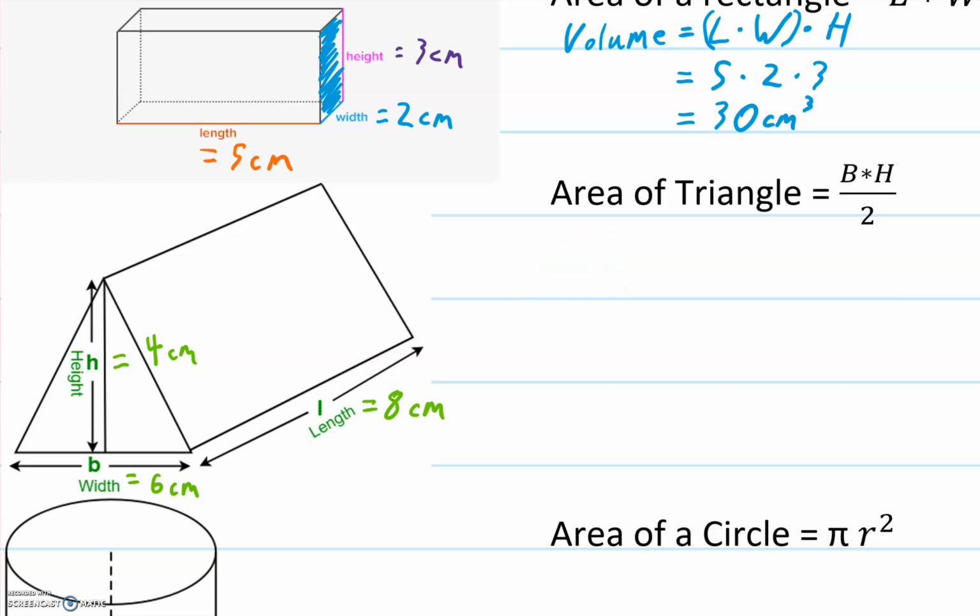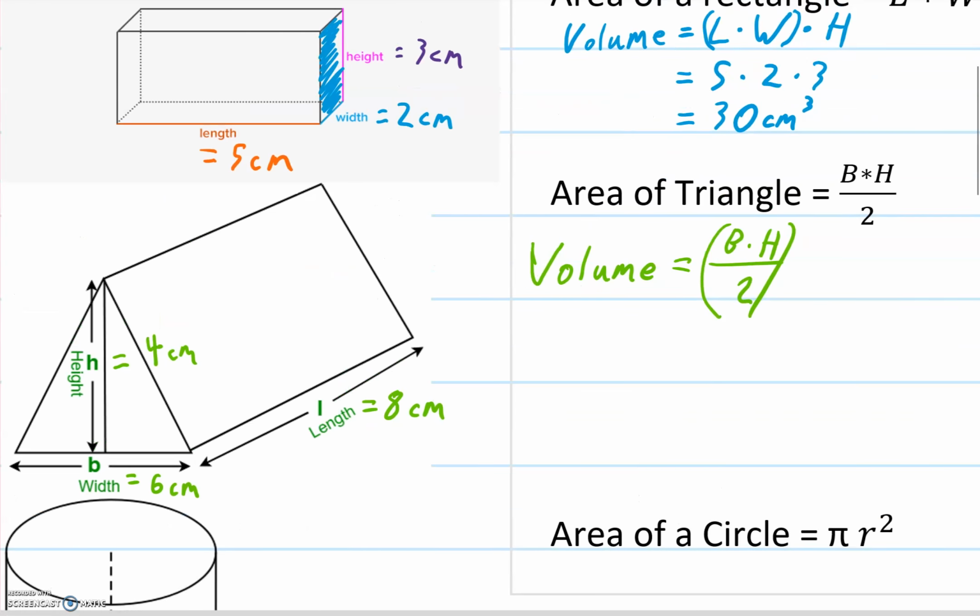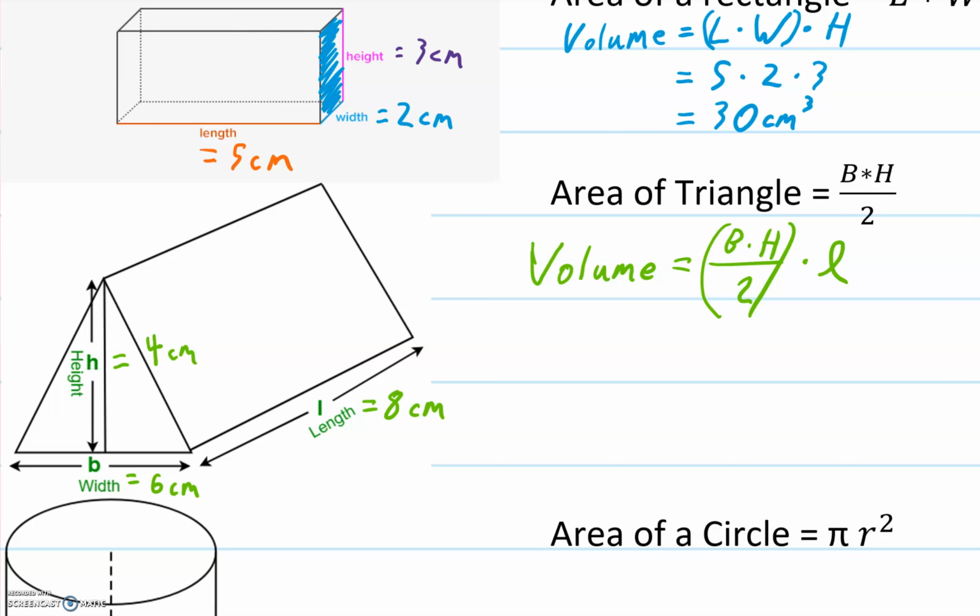So anyways, what we're telling you right now is that the volume of a triangular prism is going to be base times height divided by 2, and then multiplied by the other side, which in this case is our length. So that's just as an aside.